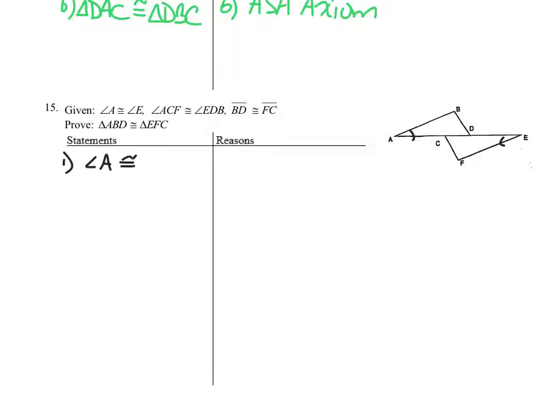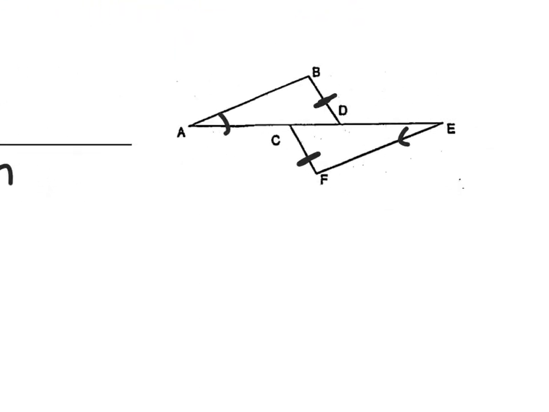Angle A is congruent to angle E. That's a given. I might list them all in the same givens, but I want to be a little bit more careful with this. BD and FC. I'm skipping that trickier one, which talks about exterior angles, ACF. So let me bring that in. ACF is this guy right here.